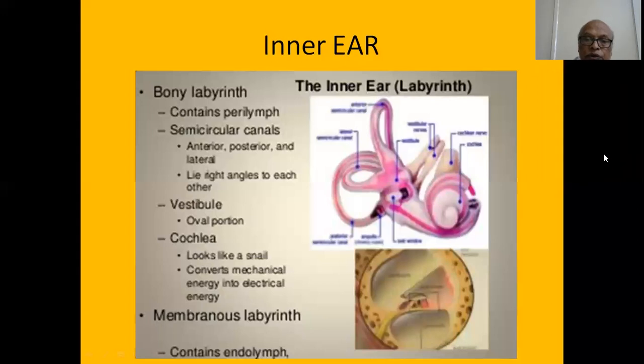Scala vestibuli corresponds to the oval window which I was mentioning in the middle ear cavity. Scala tympani corresponds to the round window. The middle part is called the scala media, which lodges the most important special organ, that is the organ of Corti.